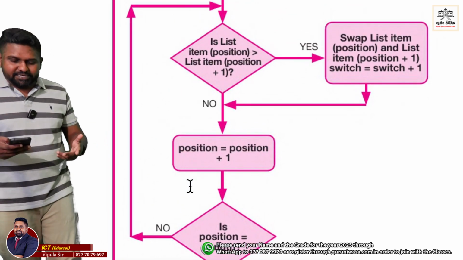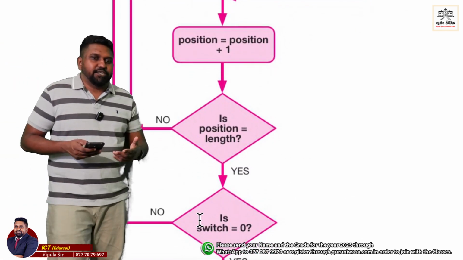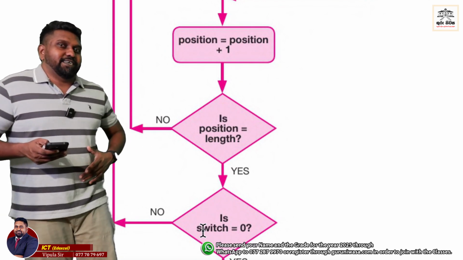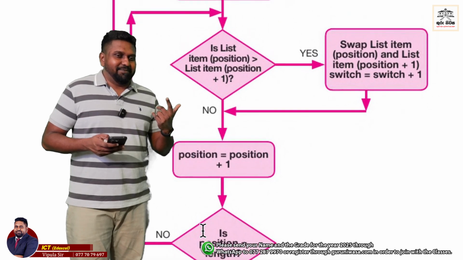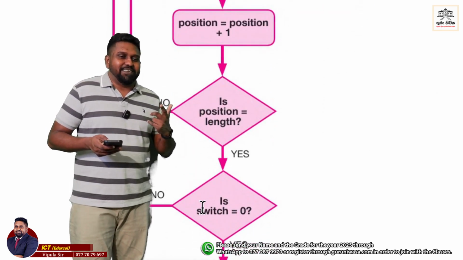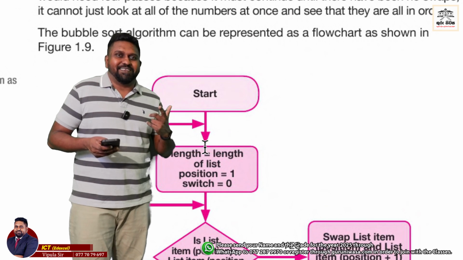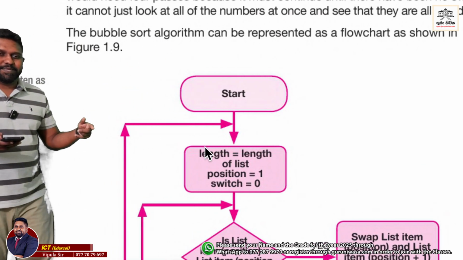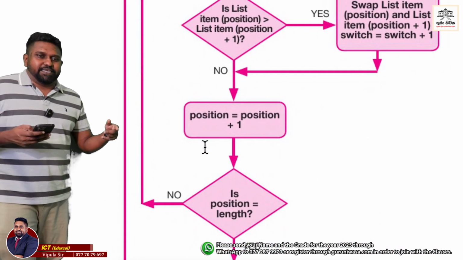The upper condition: since the position has changed, it goes down, and then we check if the switch is 1. Since we did the switch, we set the switch as 1, and then automatically you go up. So that's how this loop keeps working.